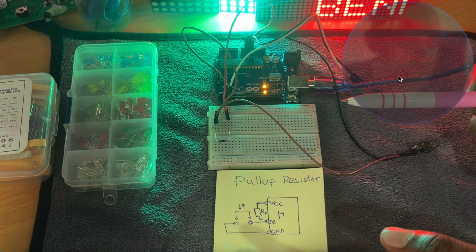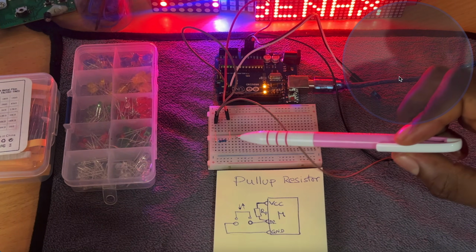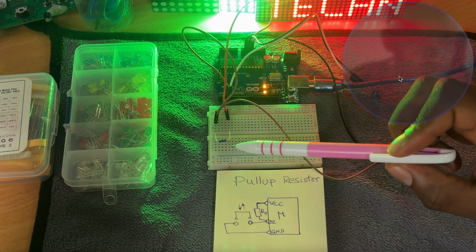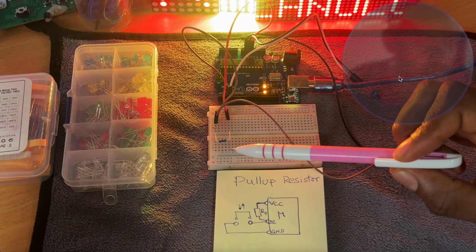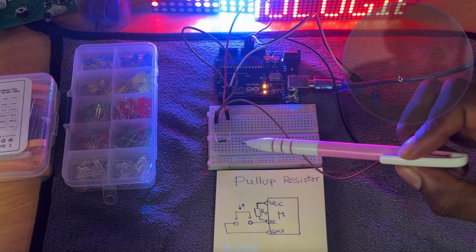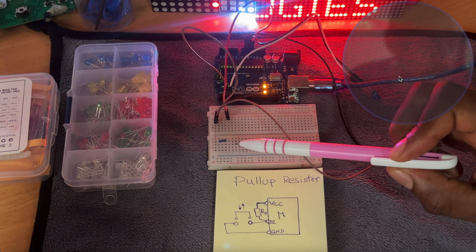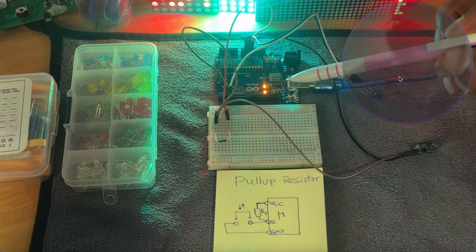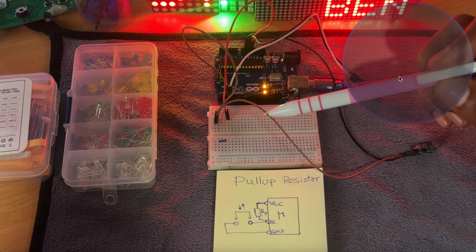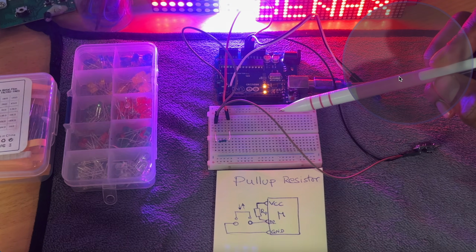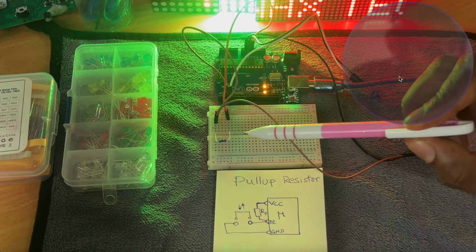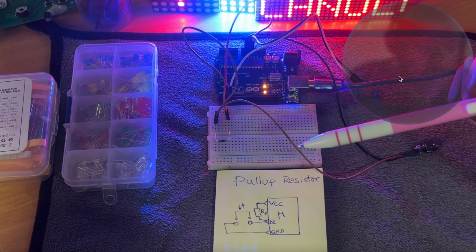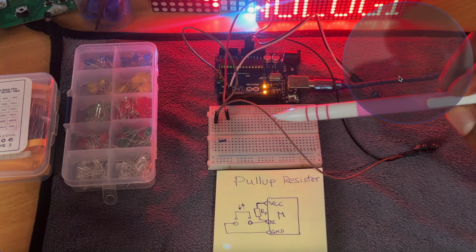Its value, well, I have a 10 kilo ohm here. It's a resistor high enough to prevent a short circuit, because if the resistor is too low, there's a possibility of the current flowing to the ground, and we have to avoid that at any cost.